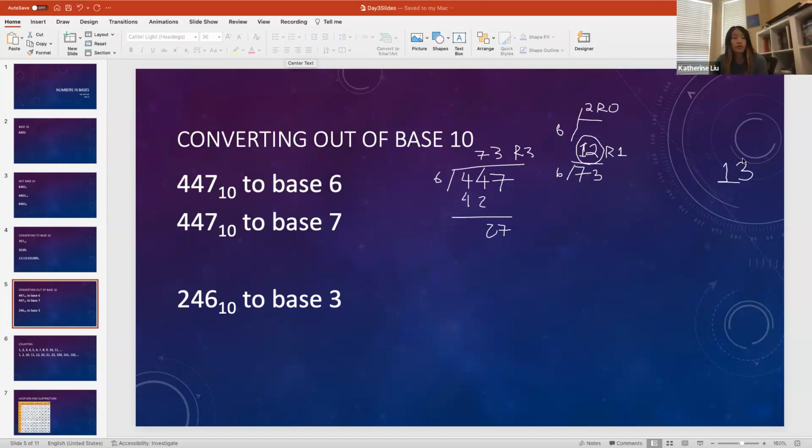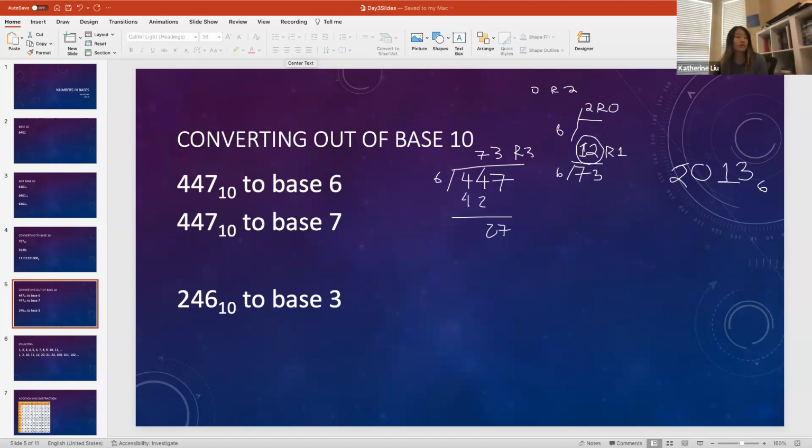So you'll write down the 0 as a remainder, and then you have a quotient that's less than 6. So it's gonna just be 0 remainder 2 if you divide it anymore. So you just write the 2, and then that's it. So 447 base 10 is actually 2013 base 6.